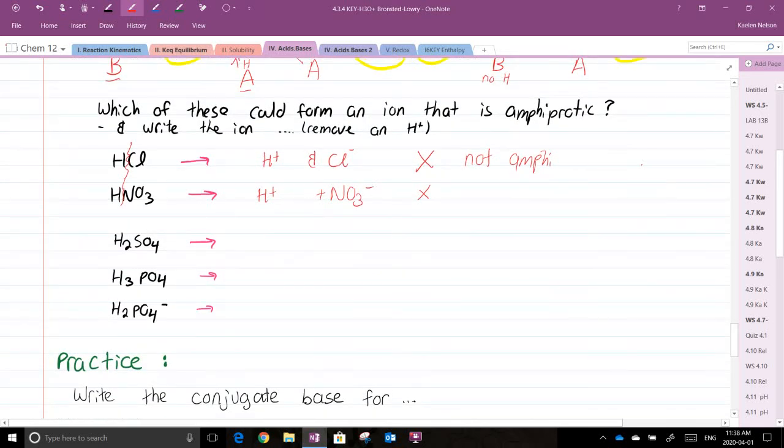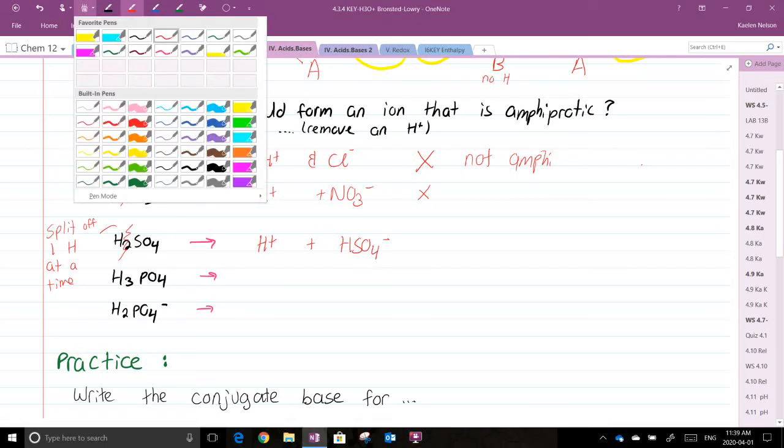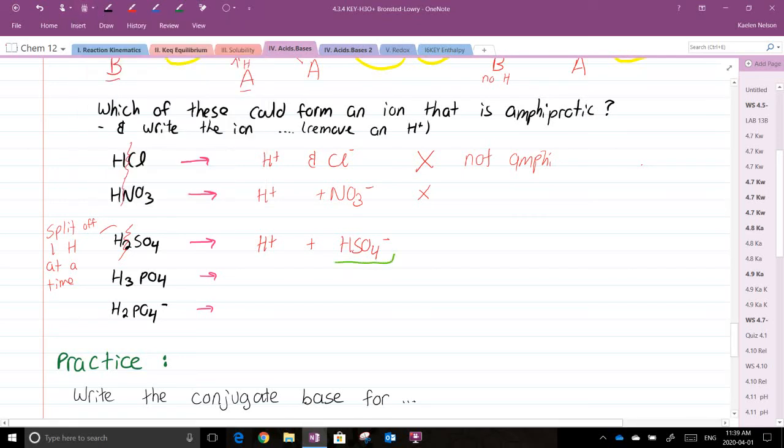Now, when I get to H2SO4, I can only split off one H at a time. So that leaves me with H plus, that's my 1 H, plus HSO4 minus. Okay, this is an example here, the one I'm putting into the green box. This is an amphiprotic ion, as it has both the H and the minus sign.